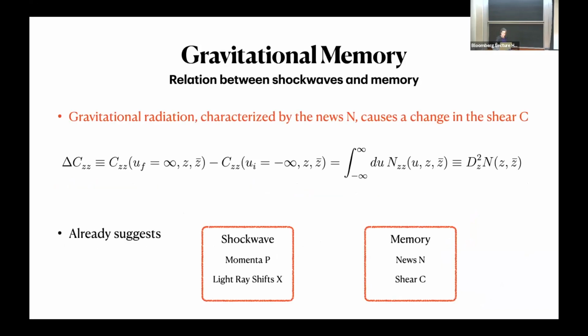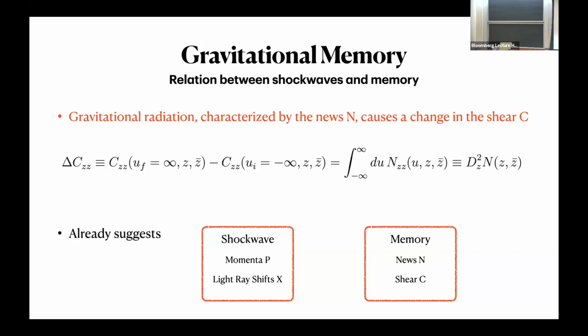So at least at the level of words, you can start to see that if I were to look at the two sides of the fence, the shockwave side and the memory side, there's an analog between the incoming particle momentum and the news, which characterizes the gravitational radiation on the memory side.